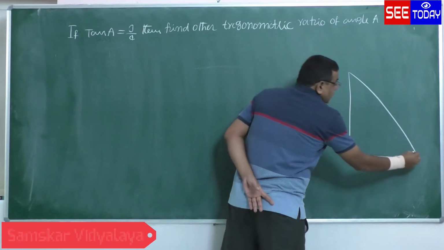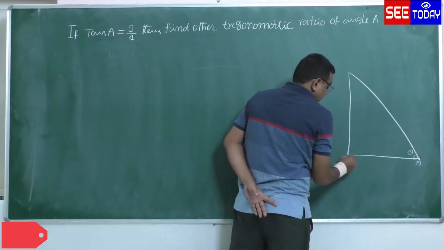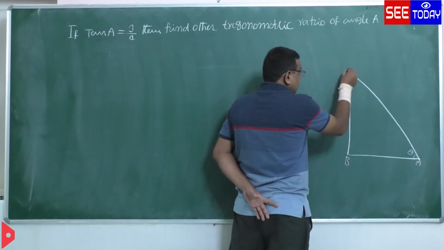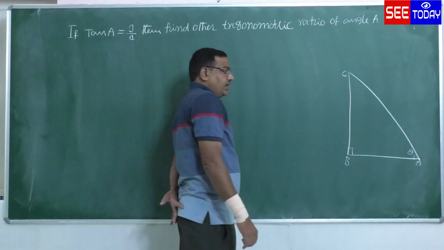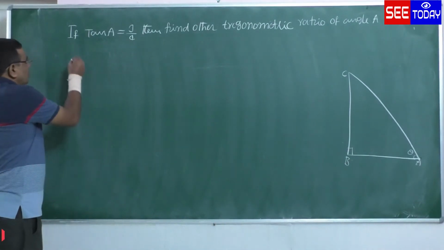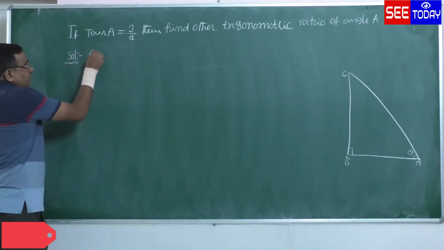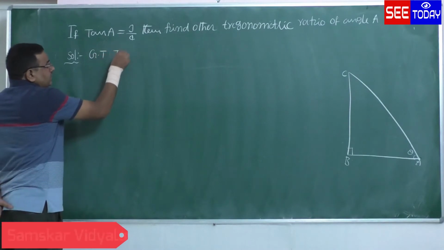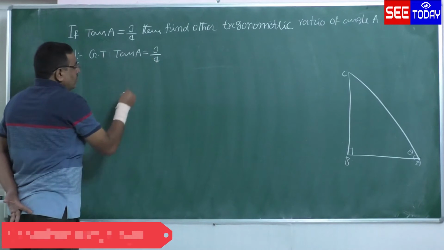Let us think, let it be A, B, C. It is right angle at B. AC is the hypotenuse. What has given? Solution. Given that tan A is equal to 3 by 4.